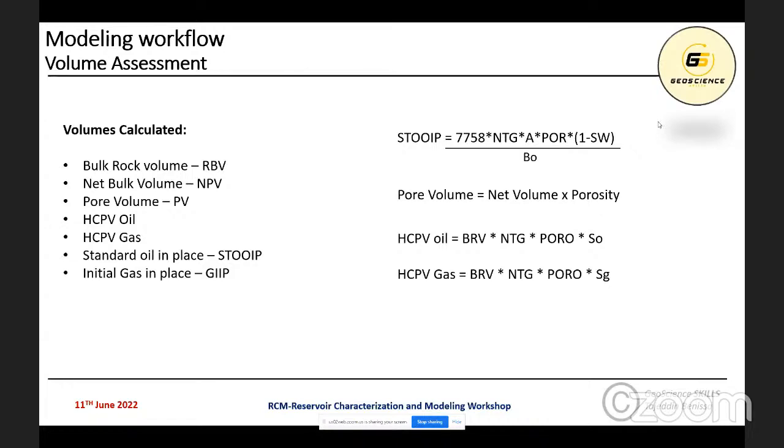Then we have the hydrocarbon pore volume for oil, the hydrocarbon pore volume for gas, the STOIP, which is the stock tank oil initially in place, and the initial gas in place. All these volumes are calculated by the geomodeler. Most of the software in the industry now, like Petrel and RMS, provides you with all these volumes.